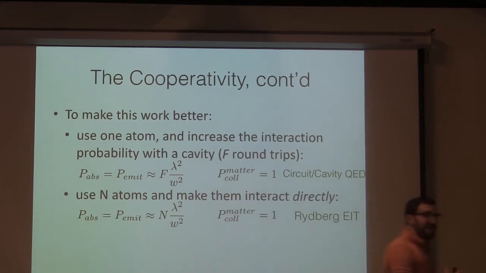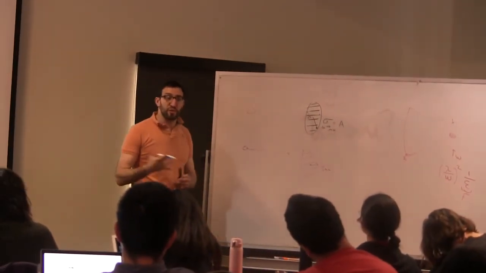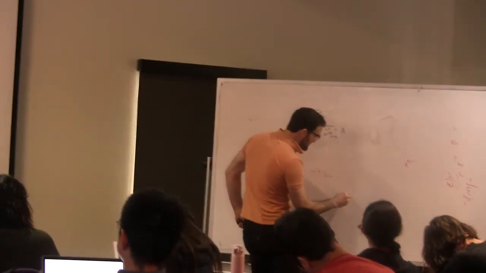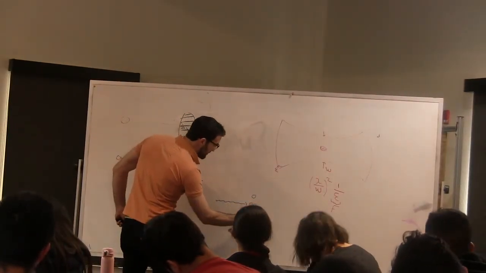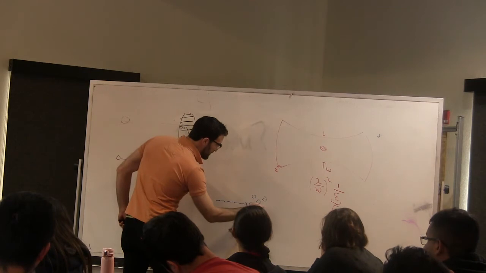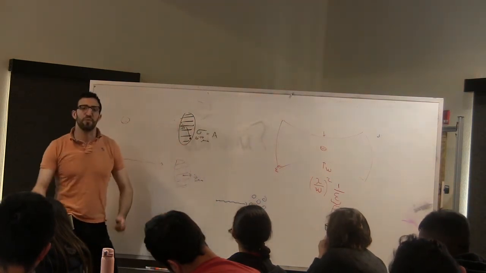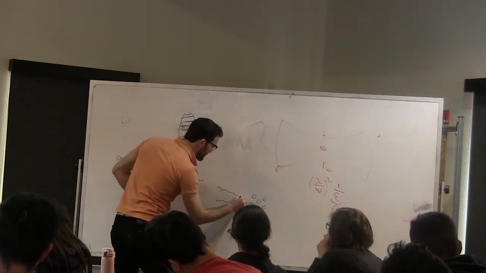Another possibility is to actually have the atoms directly interact with one another. That's what we started with, right? So how does this idea work? The idea is, my first photon comes in, and I have a whole bunch of atoms here. Okay? So this whole bunch of atoms means that with high probability, one of them will absorb my photon. Okay? And then I want to have another photon come in.